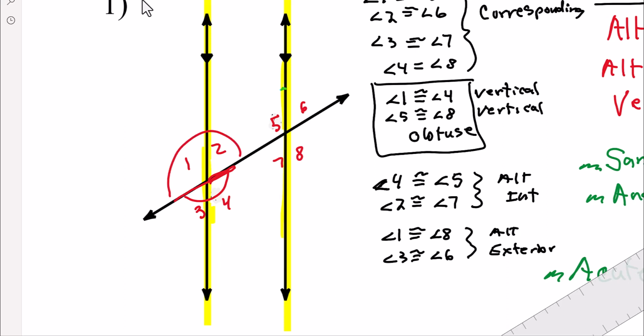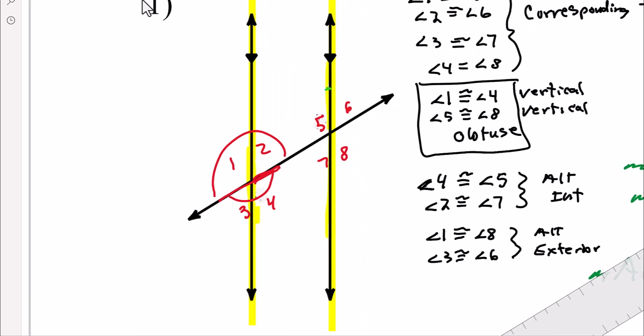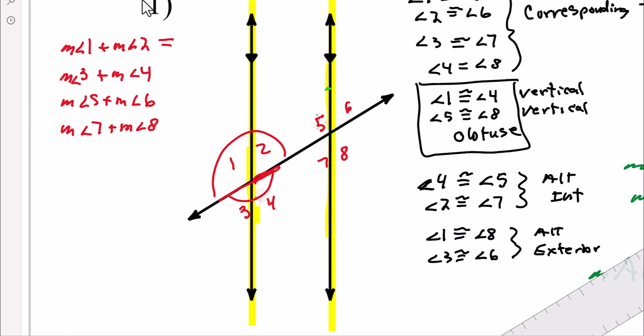So we could say, the measure of angle 1 plus the measure of angle 2, the measure of angle 3 plus the measure of angle 4, measure of angle 5 plus the measure of angle 6, the measure of angle 7 plus the measure of angle 8. All of those sit on a straight line, so all of those angles add up to 180.